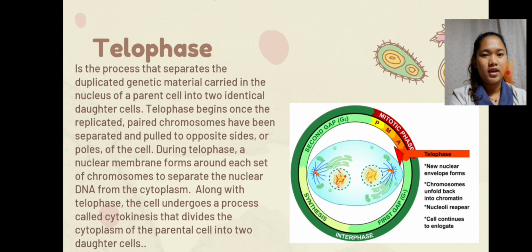During telophase, a nuclear membrane forms around each set of chromosomes to separate the nuclear DNA from the cytoplasm. Along with telophase, the cell undergoes a process called cytokinesis that divides the cytoplasm of the parental cell into two daughter cells.